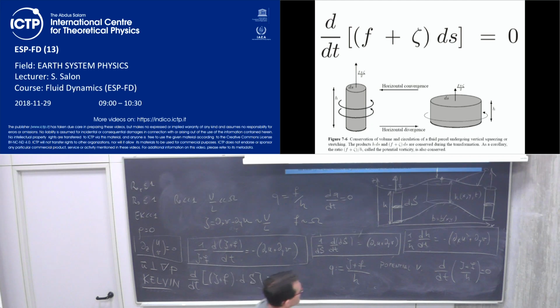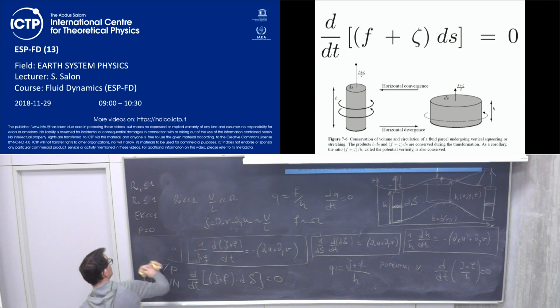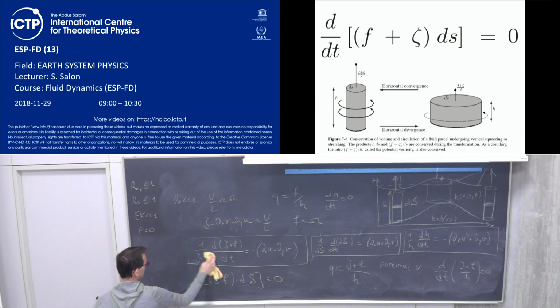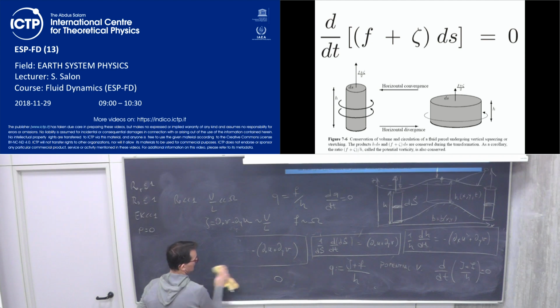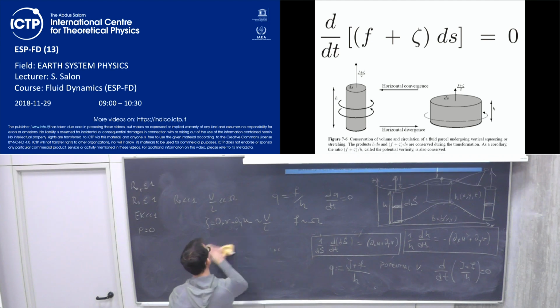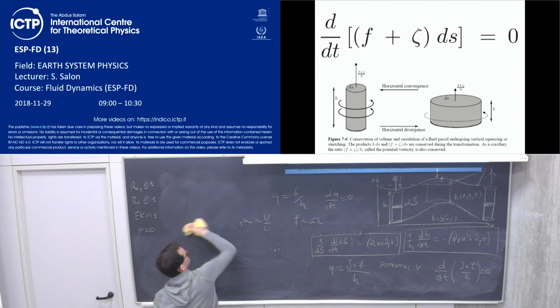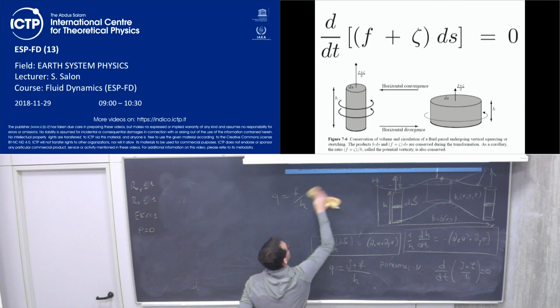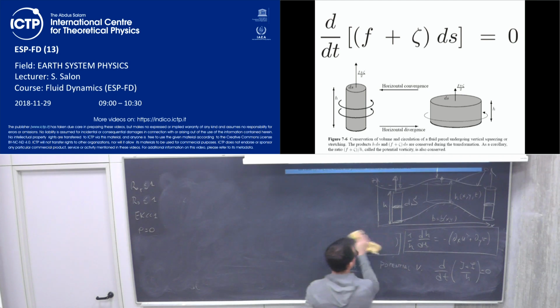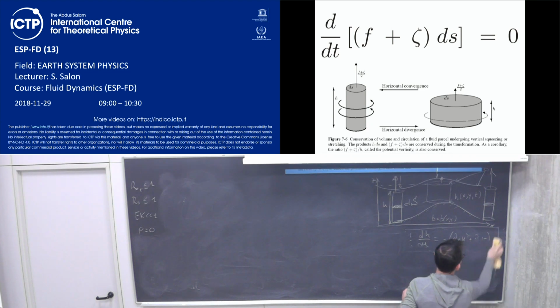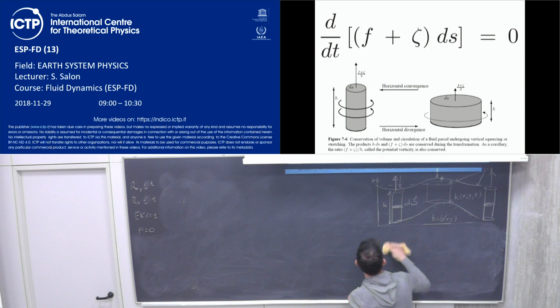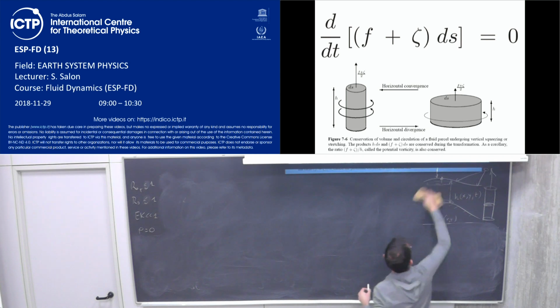Very good. So we have completed the part related to the geostrophic and barotropic flow. We have understood the importance of the conservation of specific quantities, like the volume, the vorticity flux, and the potential vorticity.